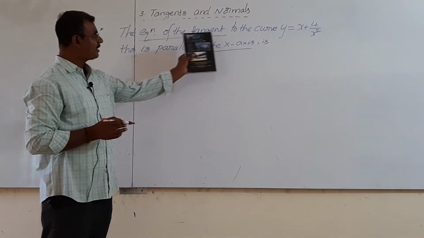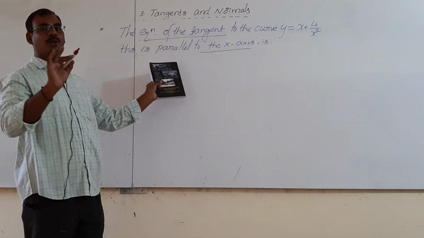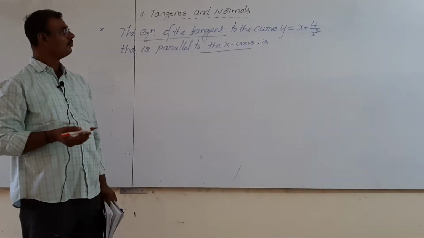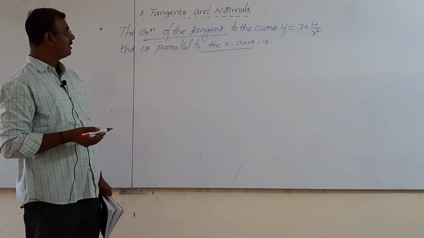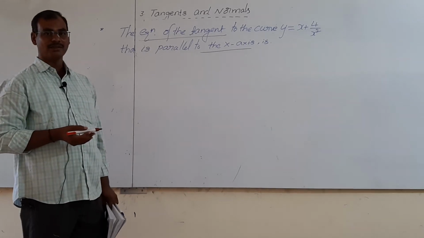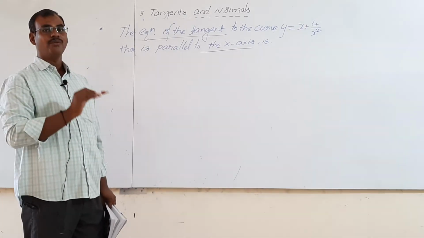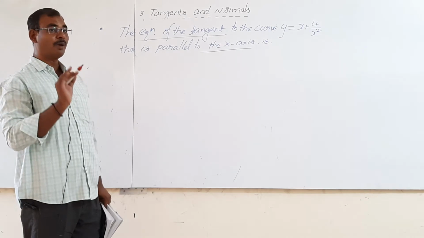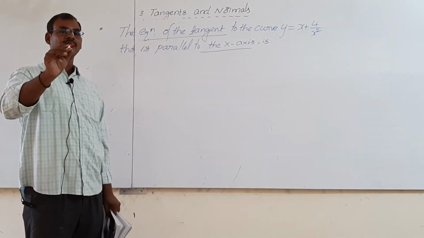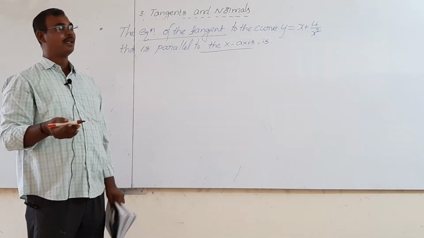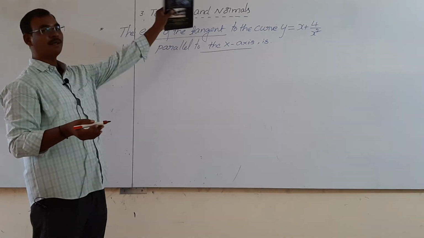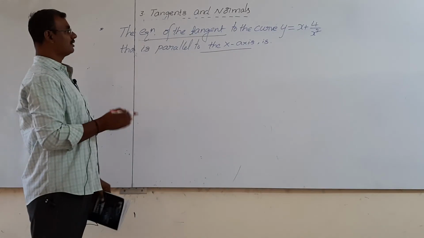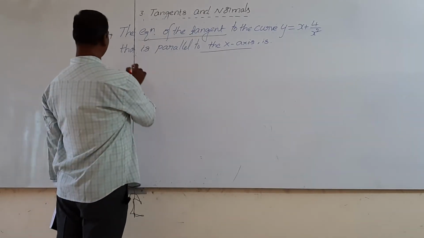So parallel to the x-axis means slope will be 0. Is the point given? Not given, but according to the data, we should find the point here. In the above questions, the point was given and we found the slope. But here slope is given, find the point. So it is reversed, only the condition has changed.